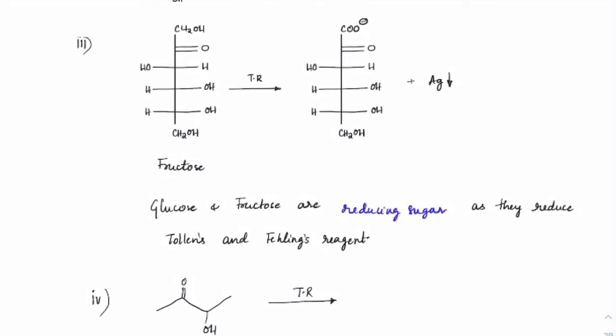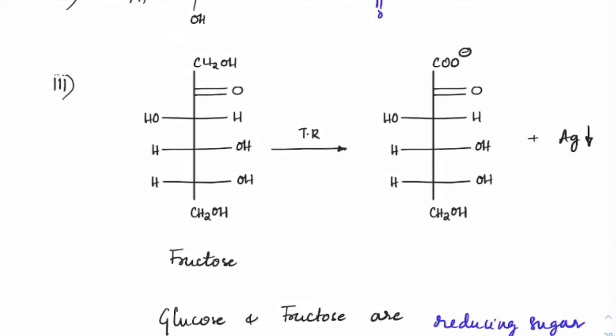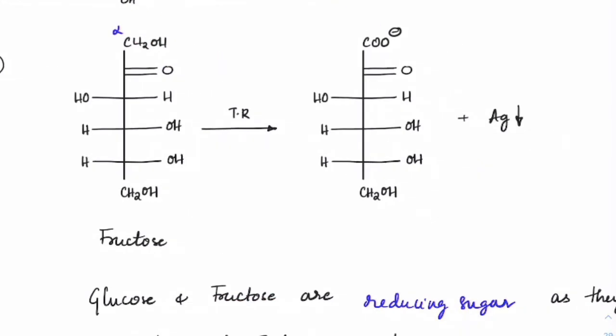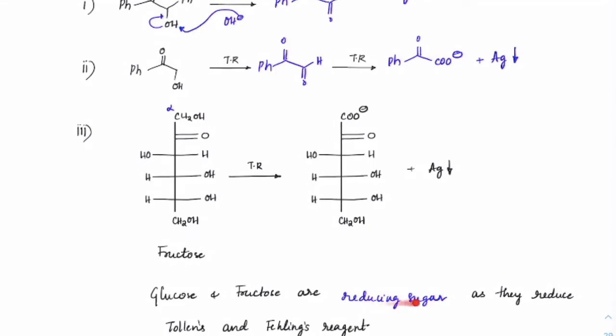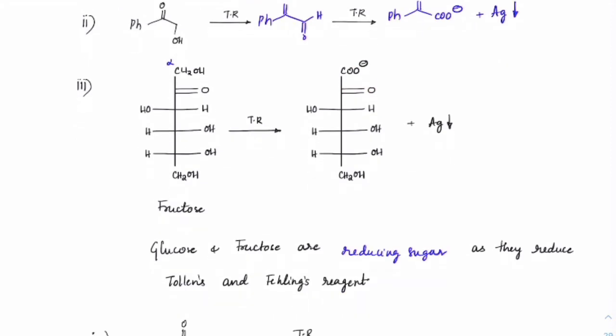Glucose, for the obvious reason, is an aldehyde, so definitely it will reduce Tollens reagent. Fructose on the other hand is not an aldehyde, it is actually a keto form, but it also has an alpha hydroxy keto group. Since fructose is an alpha hydroxy keto, it is also a reducing sugar, because it will also give COO minus here, double bond O. Got it? So that is an important part to understand, that glucose and fructose both are reducing sugars.